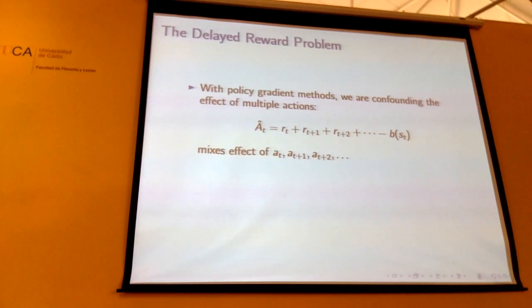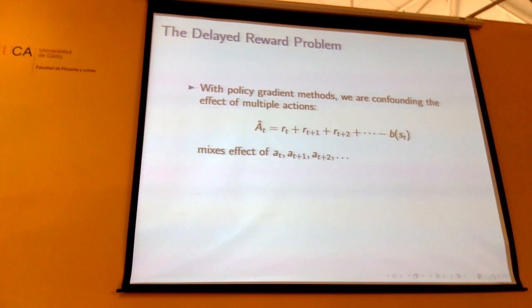We estimate the advantage of the action at time t by taking the sum of all future rewards and subtracting out this baseline. Note that this sum of future rewards depends on a lot of different actions. It's not just the action we're trying to compute the advantage of. It depends on the action at time t plus 1, t plus 2. We're mixing these all together.